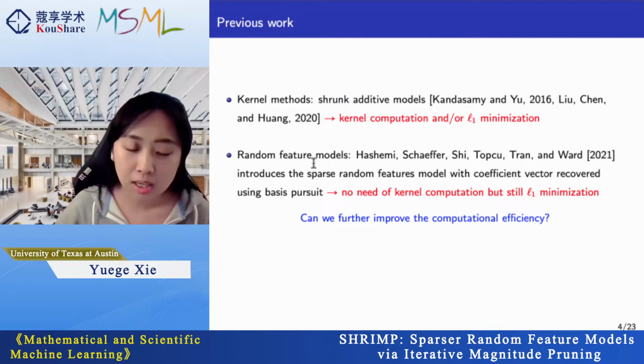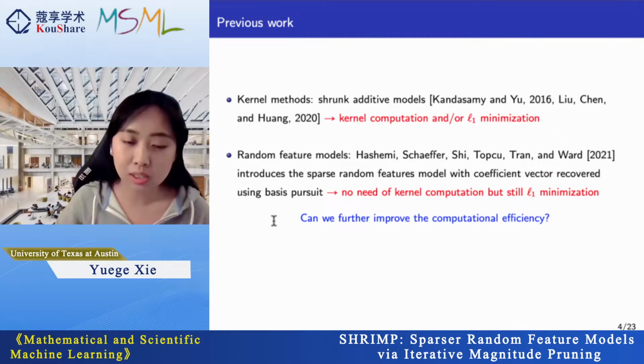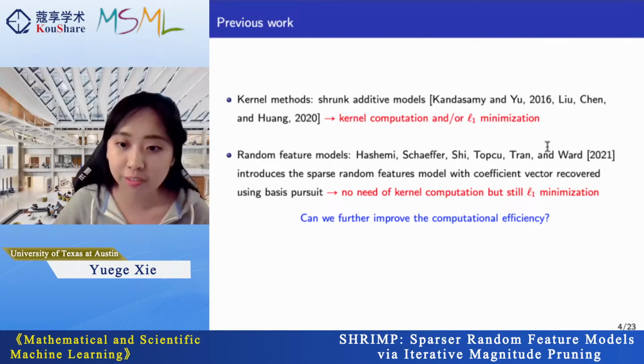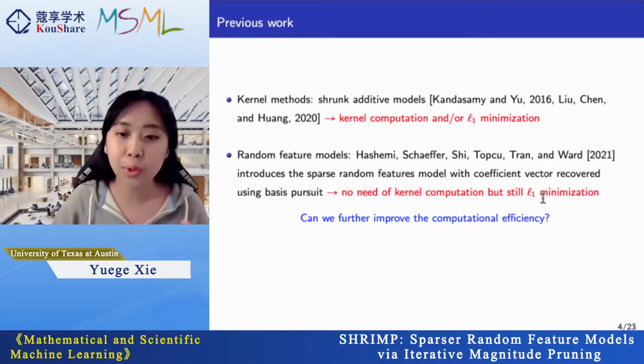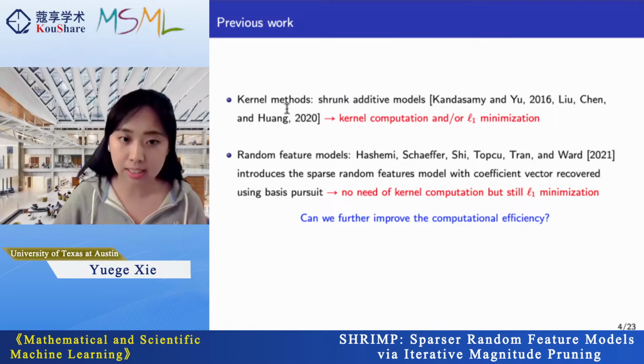Another line of work on random feature models, especially the one by Hashemi, Schaeffer, Shi, Chikhi, Tran, and Ward, introduced sparse random feature models with the coefficient vector recovered using basis pursuit. Here, they use L1 minimization to approximate a sparse model, and there is no kernel computation as in the kernel methods.